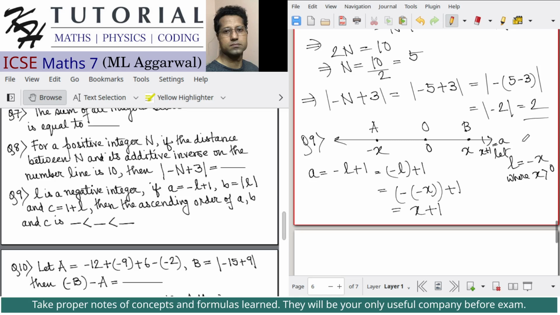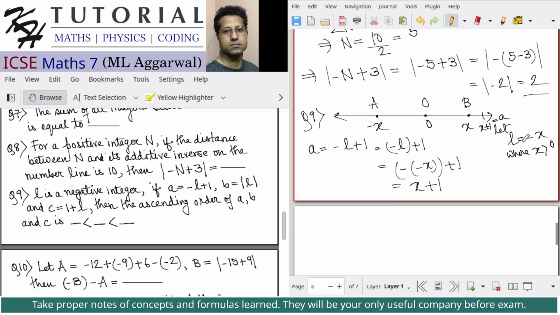On the number line we can see that a is lying to the right-hand side of the point B, where point B represents the value x, where we have assumed L to be equal to minus x. So if we can correctly position the values of a, b and c on the number line, then we can figure out the ascending order.